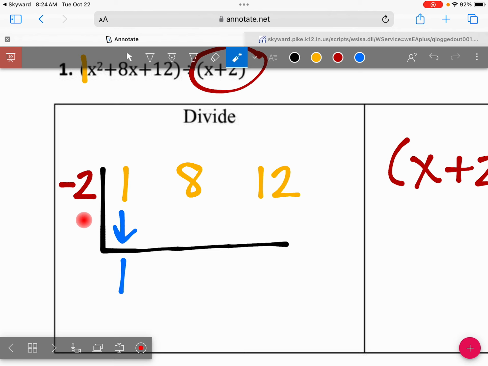1 times -2 is -2. That will go here. And then you're going to add. You can pick up your calculator if you need to. Take 8 minus 2 or 8 plus -2.